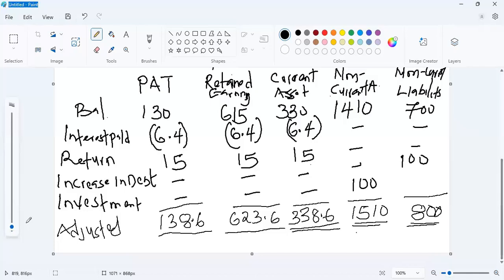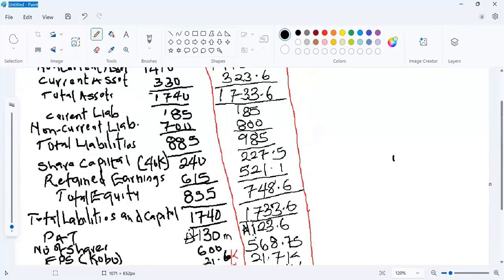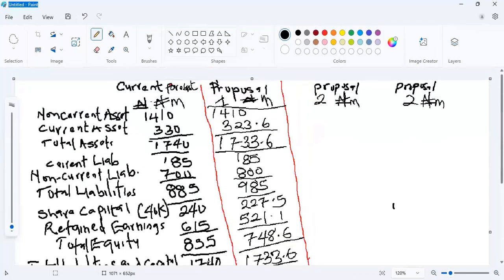You can now go back to our statement. We are going to pick all these figures back to that first page. Proposal 2. My non-current asset is now 1510.00. My current asset is now 338.60.